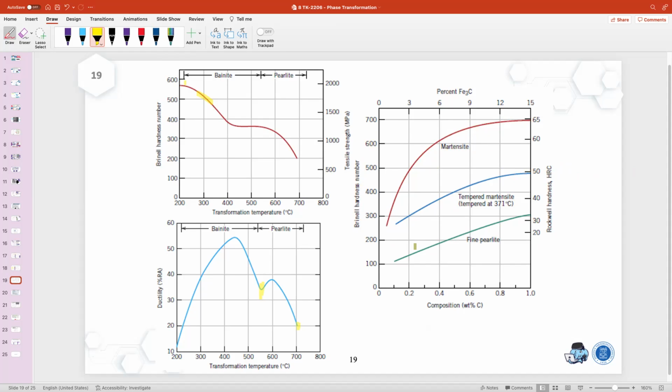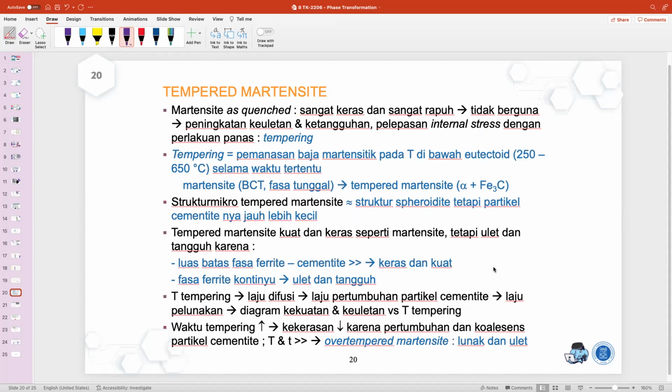And then this one is fine pearlite. Maybe if we want to add spheroidite, it would be around here. At least you should know the ideas and the logic about which one is the strongest, which one is the next strongest, and so on. The last one is tempered martensite.